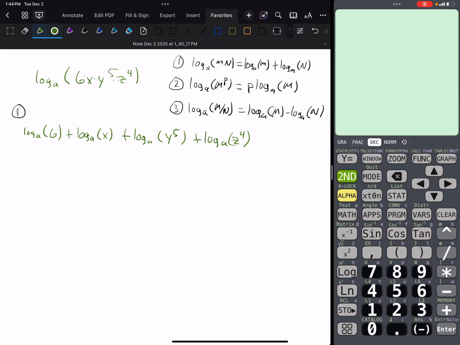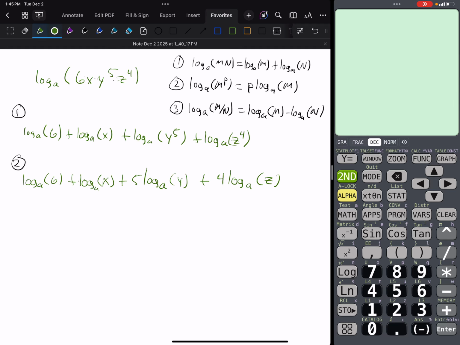I'm also going to use rule 2 here, and I'm going to bring those exponents down to coefficients because this is going to be the simplest version of these logs. And so I have log base a of 6 plus log base a of x plus 5 times log base a of y plus 4 times log base a of z.